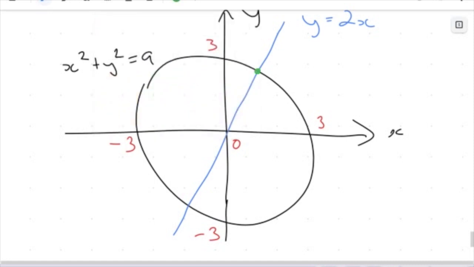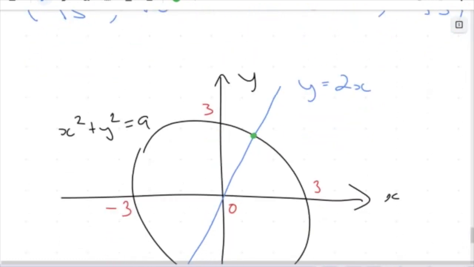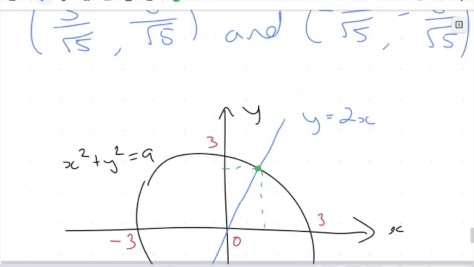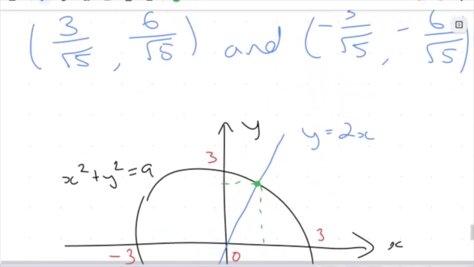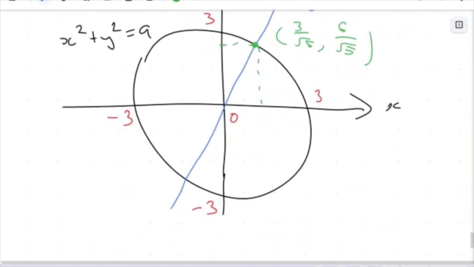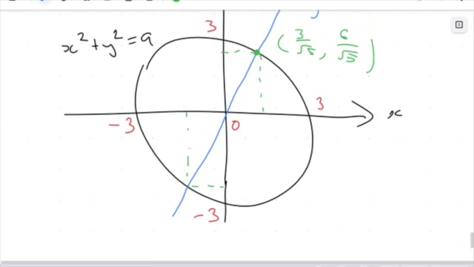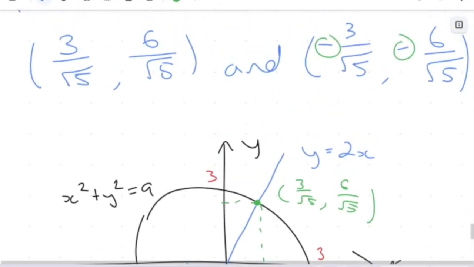One of those is this point here, where my x value is positive and my y value is positive. So this is the point 3 over root 5, 6 over root 5. And I have this point down here where my x is negative, my y is negative. So I have this point here.